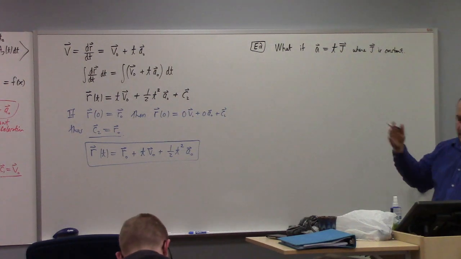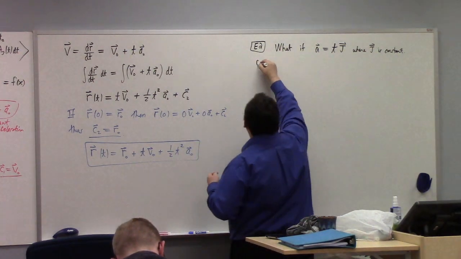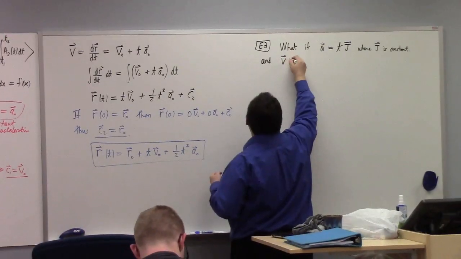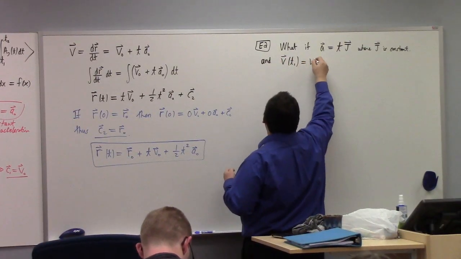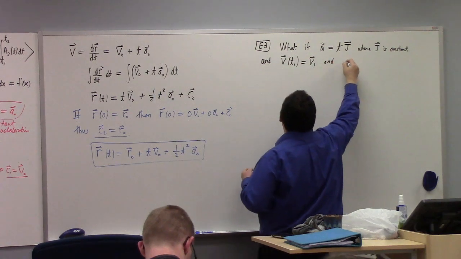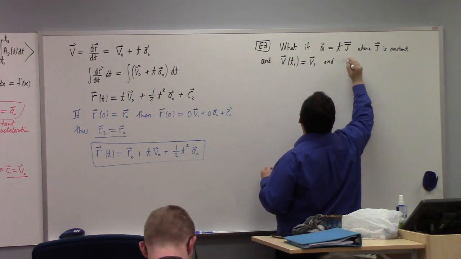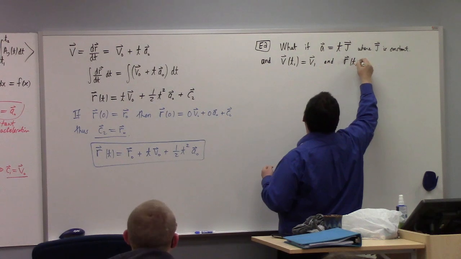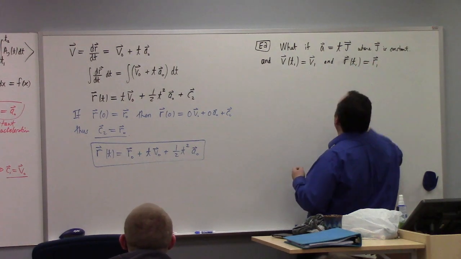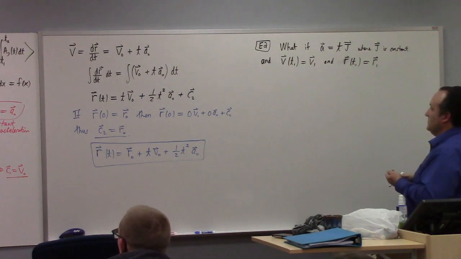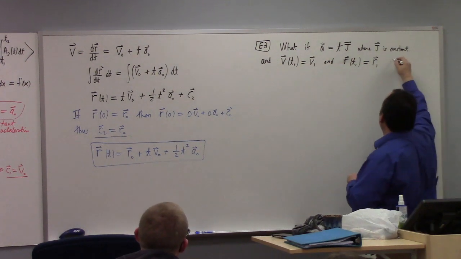And suppose we know that the velocity at time t1 is v1, and the position at time t1 is r1. These are given.